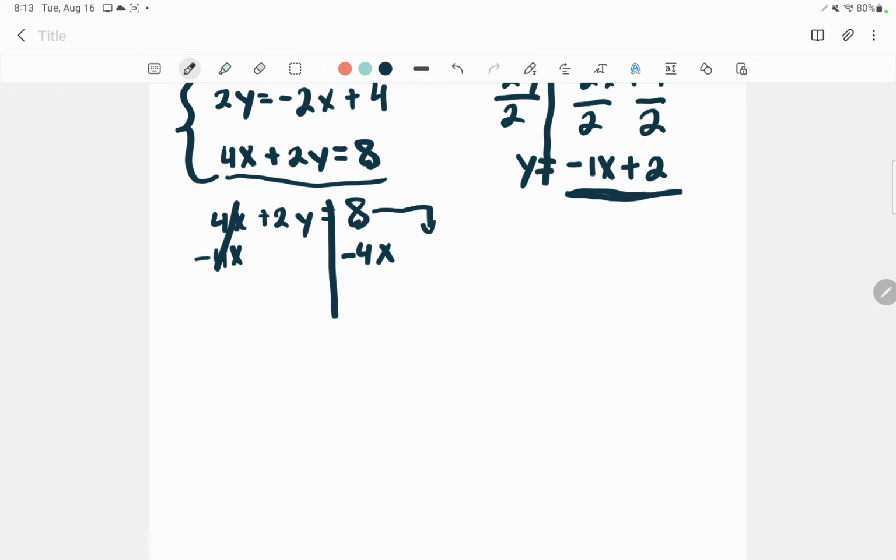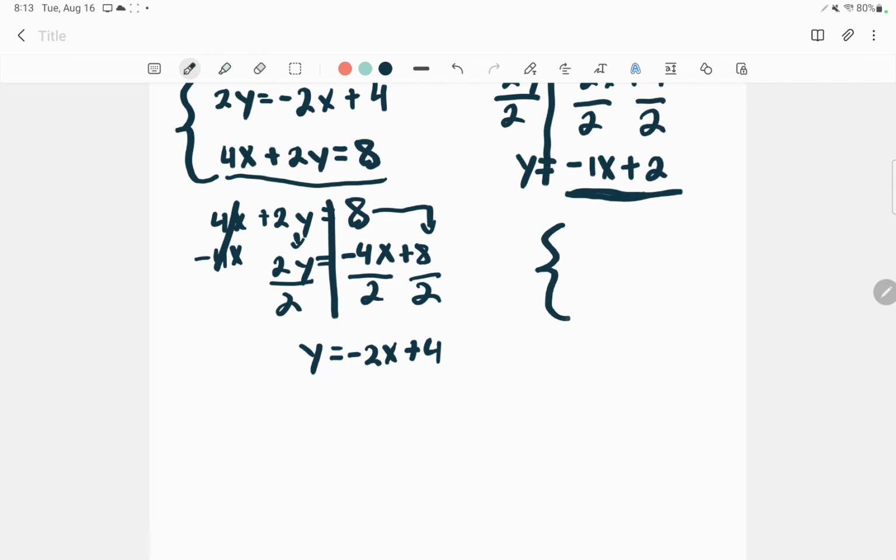Now, because I'm going to bring it down, I'm going to look at the sign of the 8. I know it's a positive 8. So I'm going to put a plus and then the 8. And then I'm going to bring everything else down. So 2y. We're almost done. Now, I want to get rid of that 2. So I'm going to divide by 2 to everything. We get y is equal to -2x plus 4. You see, this problem already got way easier.